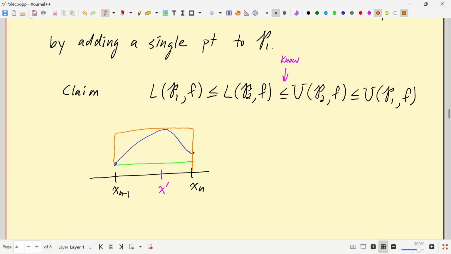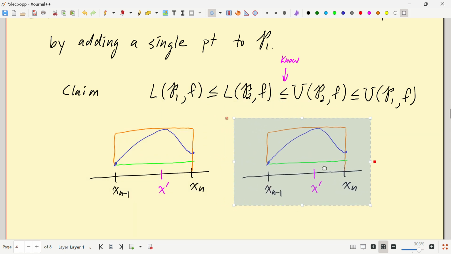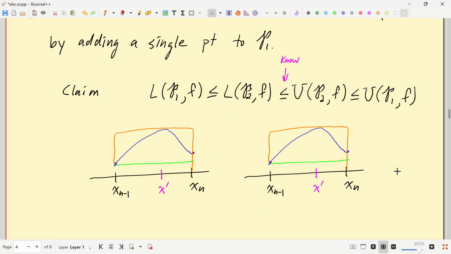So how much would it change when I do it again? I'll copy this picture. Okay, so we see we have a lower area and an upper area there. When I cut it up and do it again here, I'd get some more.